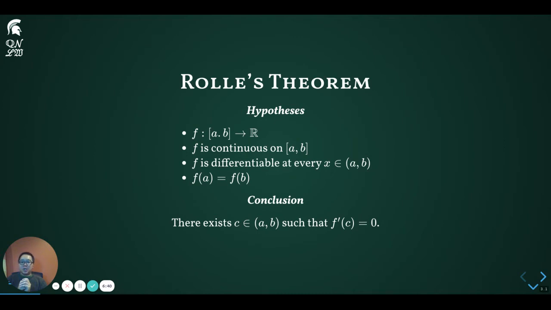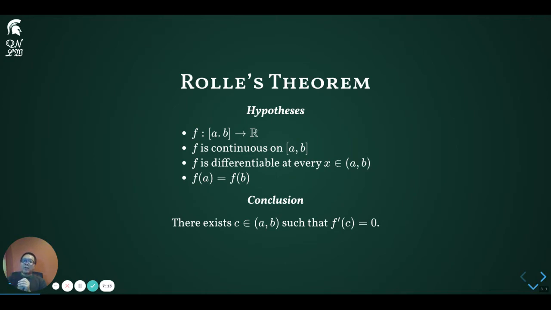Our hypotheses are, we now have a function defined on the closed interval AB to R that is continuous on all of AB and that is differentiable on the open interval AB. The only reason we do not assume that f is differentiable on all of the closed interval is because our definition of differentiability of functions only holds if the function is defined on an entire open interval that contains the point in question.